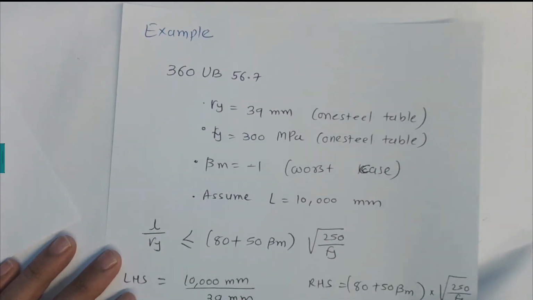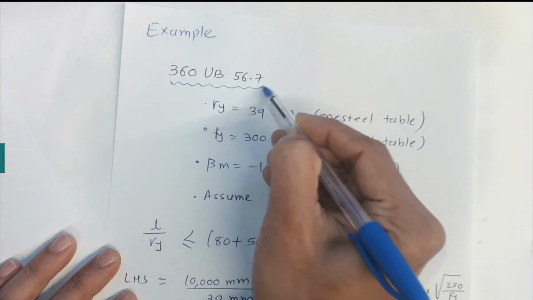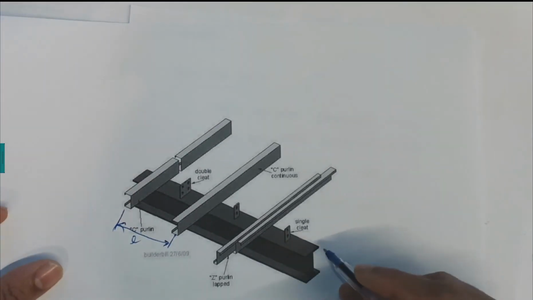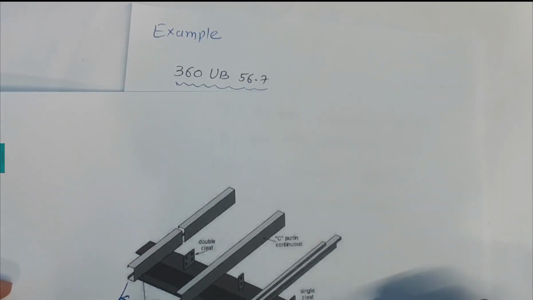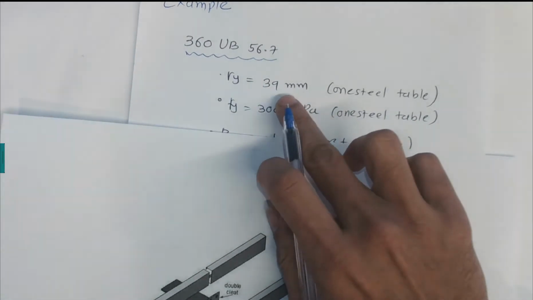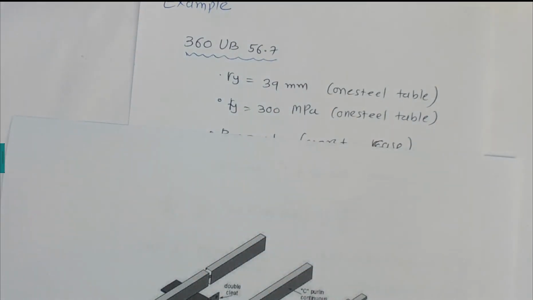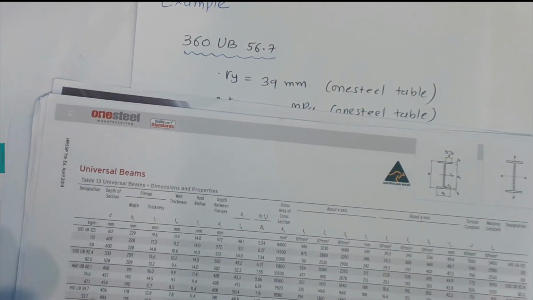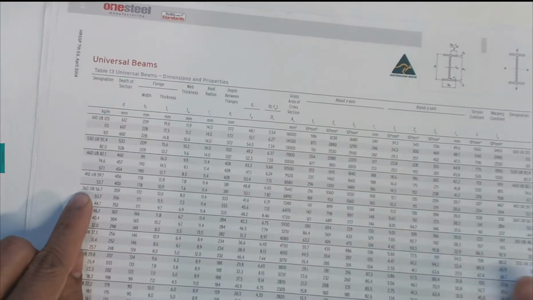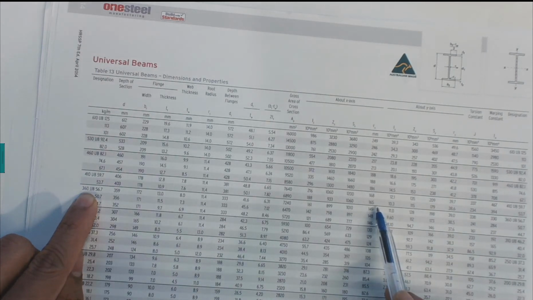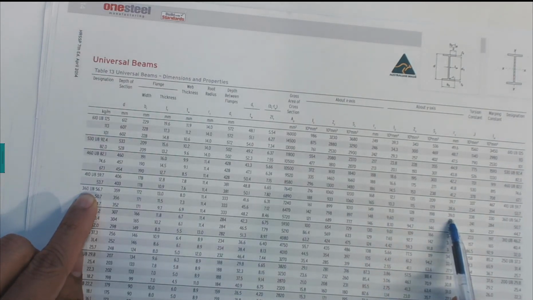Now I'm taking an example here to explain this. For example, we have been given a 360 UB 56.7 beam, and let's say the Ry value is taken from the OneSteel tables. For 360 UB 56, the Ry value for this case would be 39 millimeters.